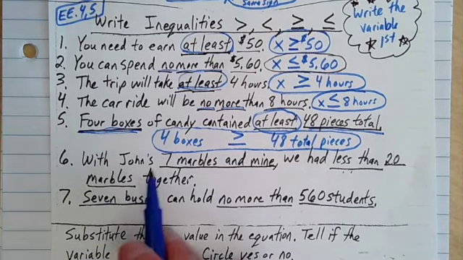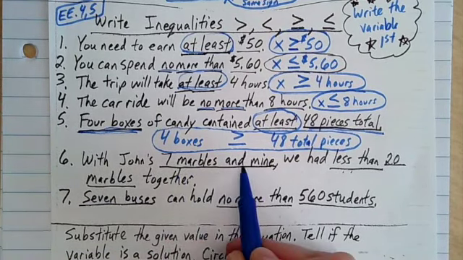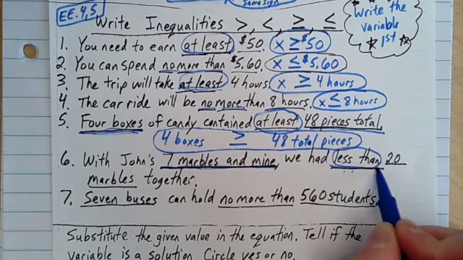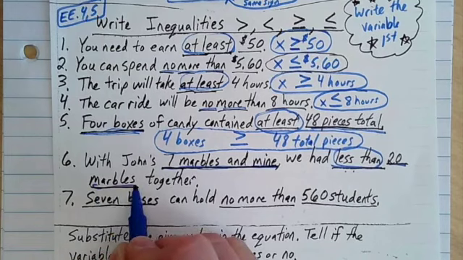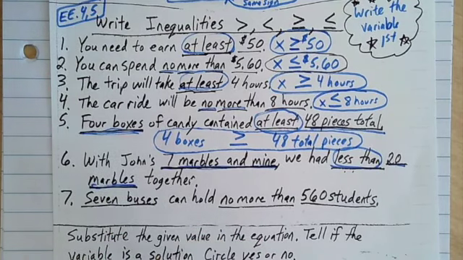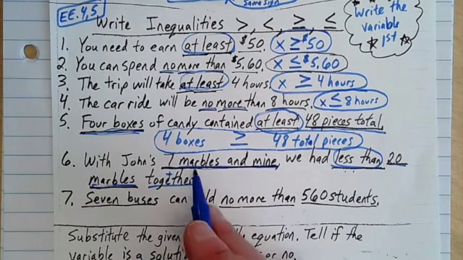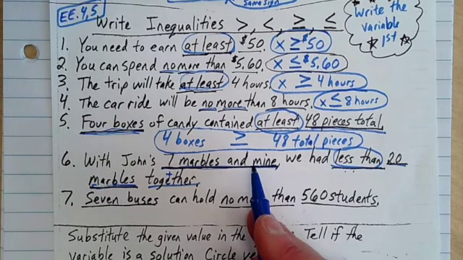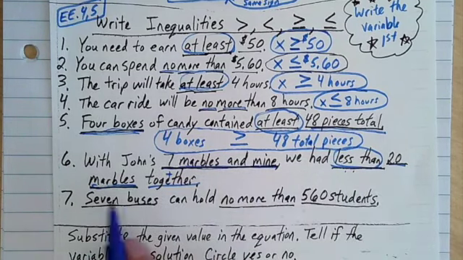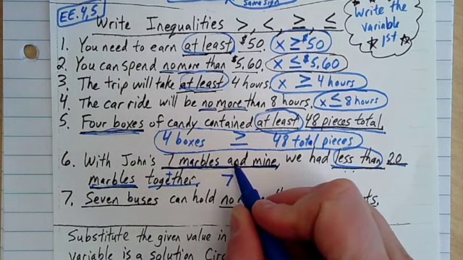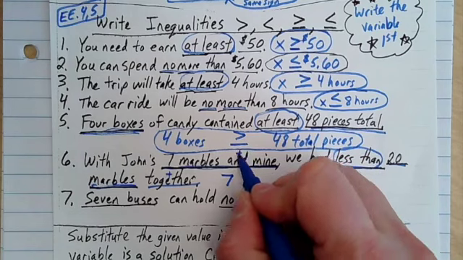With John's 7 marbles and mine, there's a reason why I underlined both of these. 7 marbles and mine, that's like together, right? We had less than 20 marbles together. So together is a keyword telling us we're adding. John's 7 and mine, and is another keyword that we're adding his and mine together.